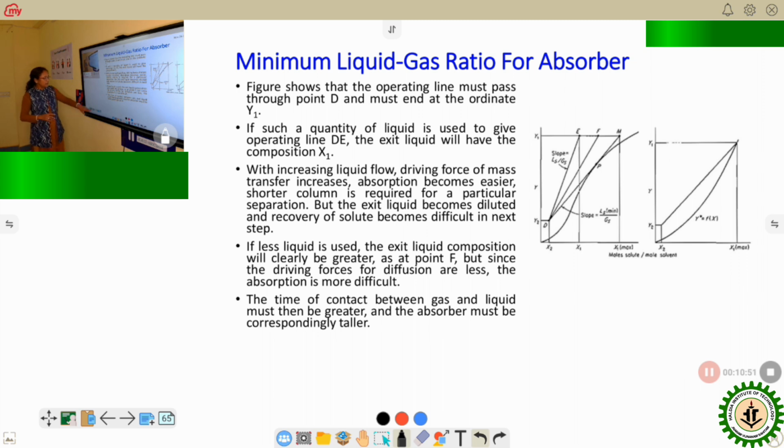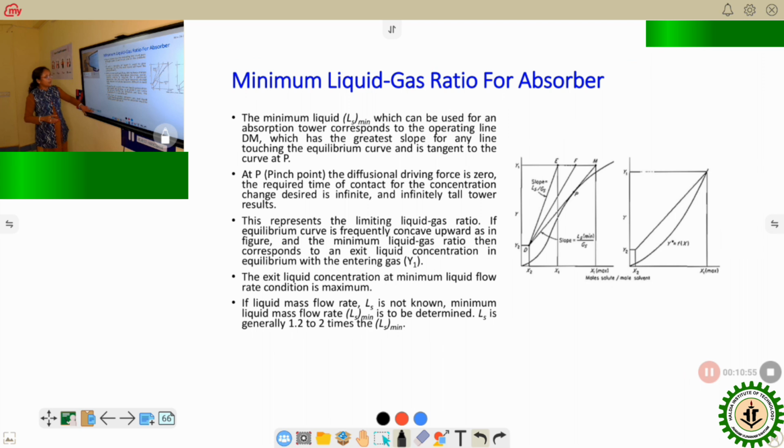So in this way, if we decrease the liquid flow rate, we observe that there is a limiting condition for the minimum liquid, that is termed the minimum liquid flow rate, which can be used for a particular absorption operation, and which corresponds to operating line DM.